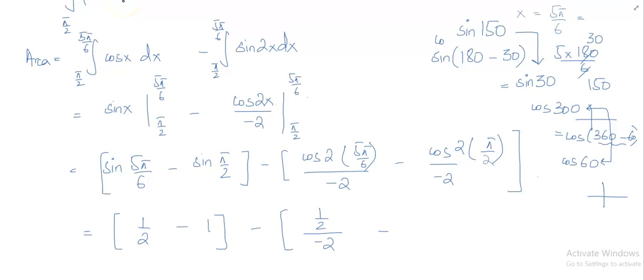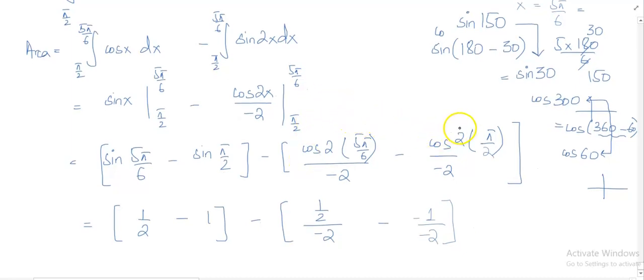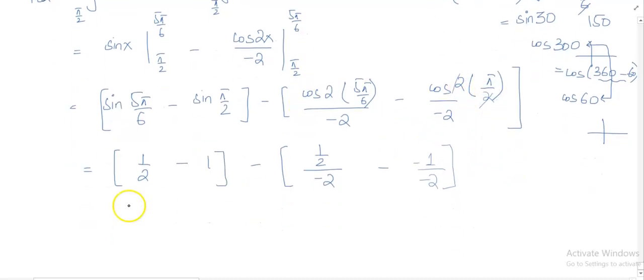So we know cos pi over 2, but since we have the value pi, it will cancel out and we are left with cos 180, right? So cos 180 is -1, divided by -2. This is what we get at the end, because this 2 will get cancelled out with the 2. And at the end I'm left with this value, let me subtract them.